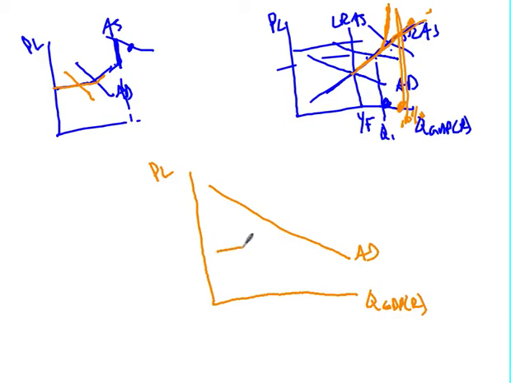But if we draw aggregate supply, and we have it kind of flat here, and then we start it coming up here, all right, and then it starts to crank up really fast. And then let's say that this line is the full employment level of output. All right, and so this is saying, look, once we get up to this full employment level of output right here, if we're producing any more, prices are going to rise really fast.